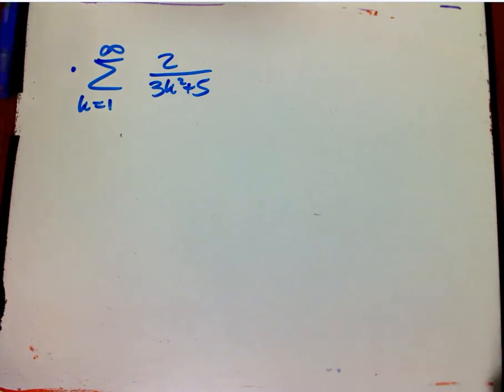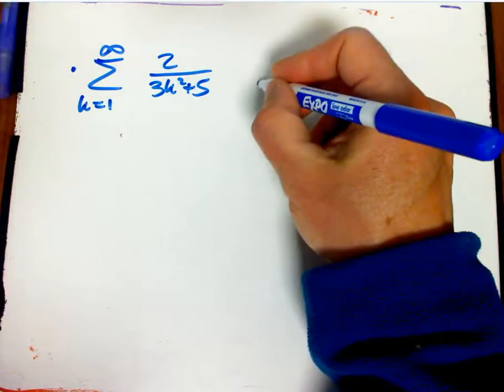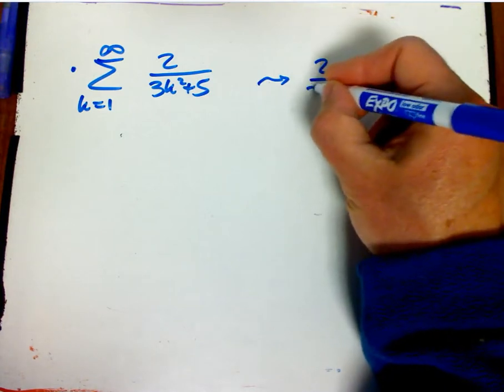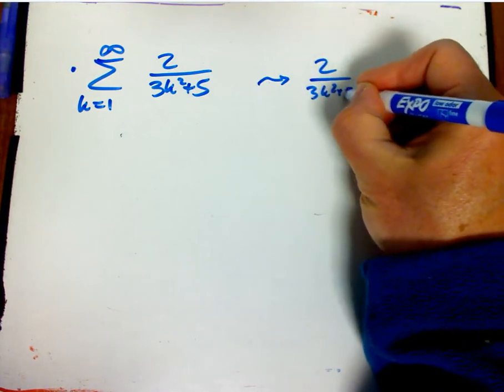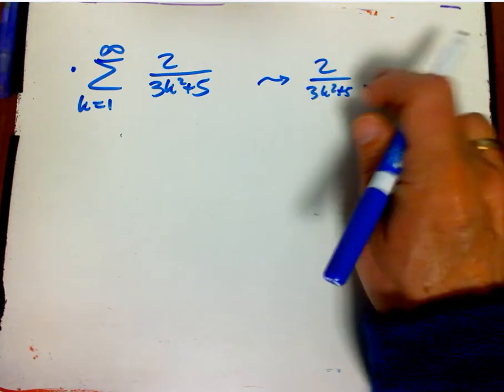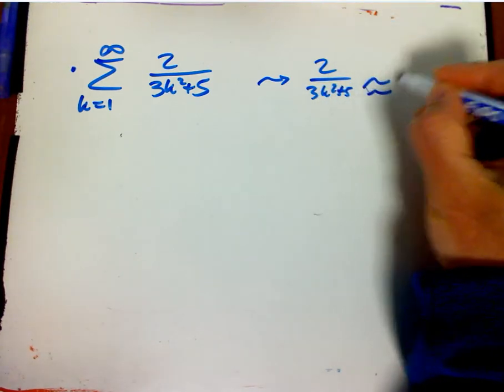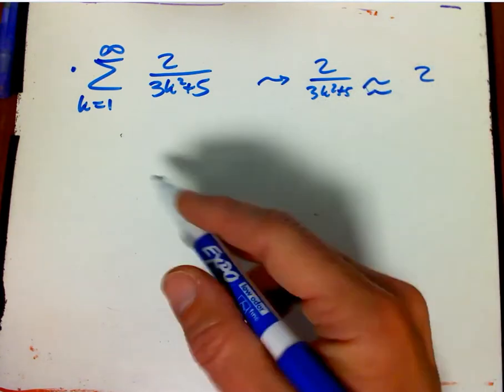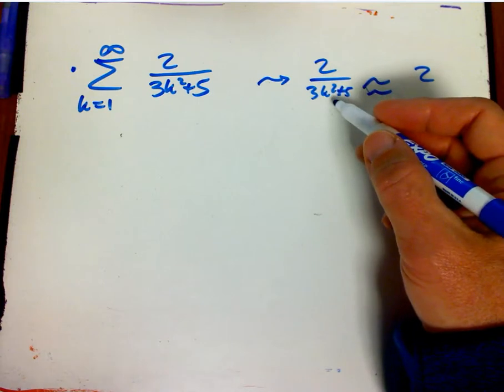You need to decide what the comparison series is. So the first thing to do is to be a little looser and say that 2 over 3k squared plus 5, when k is really big, is approximately, you know what, that 5 is not going to be very important.